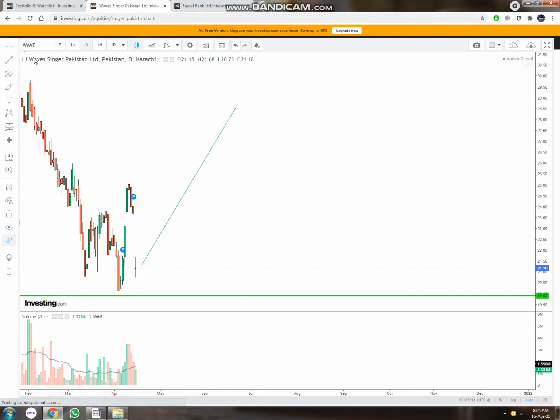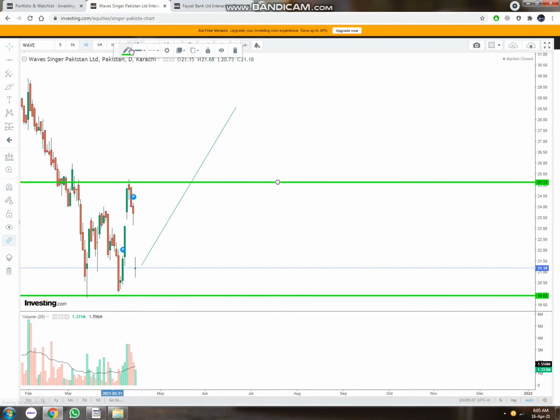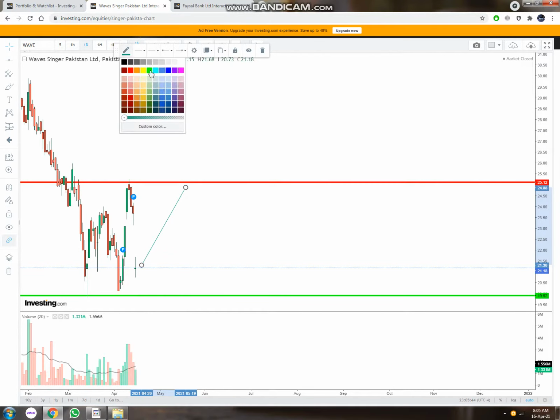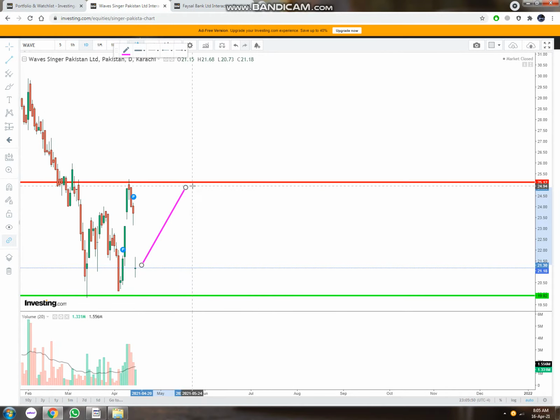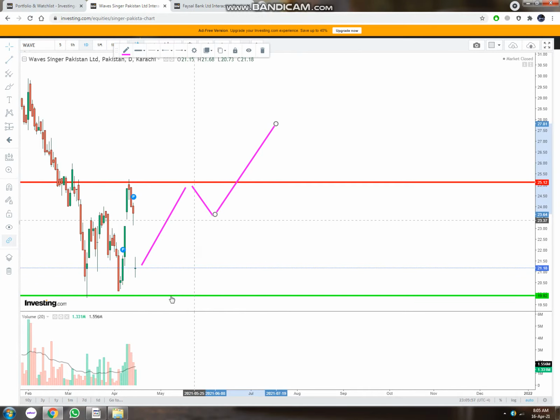Now let's say that was the support level, and this is the resistance level. Now let me drag this down below and show you one. What if this trend line comes like this? This is also a good strategy.